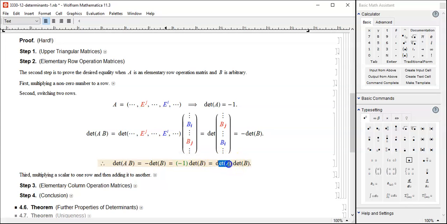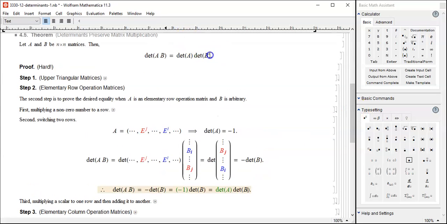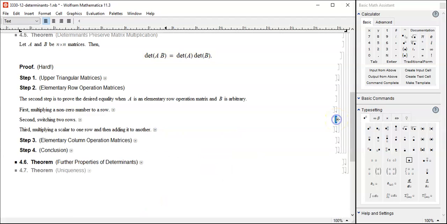That's determinant of A. As you saw here, determinant of A is -1. So yes, we have what we want. Determinant of the product is a product of the determinant. We got this property for now 2 of 3 elementary row operation matrices.